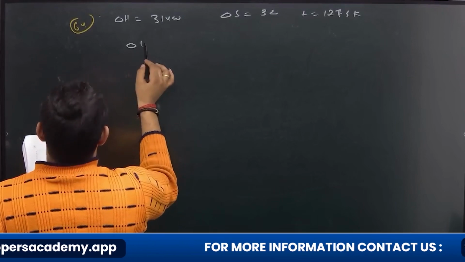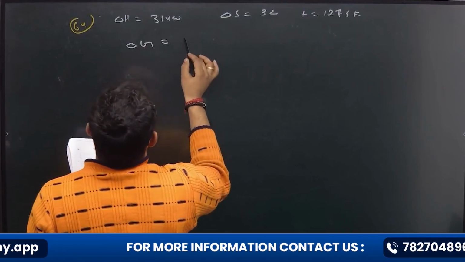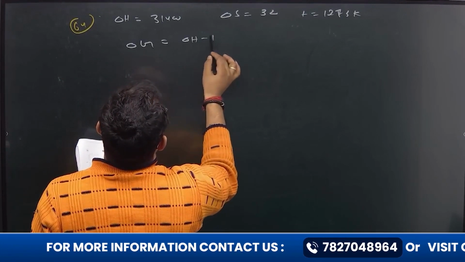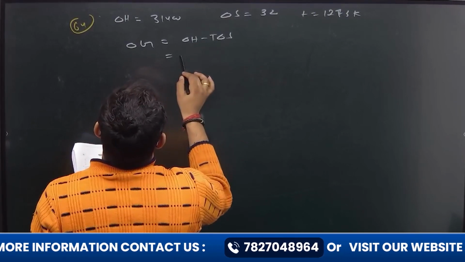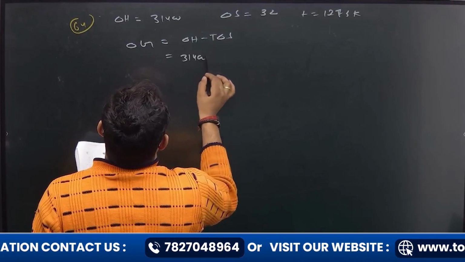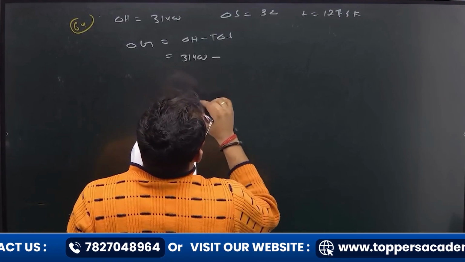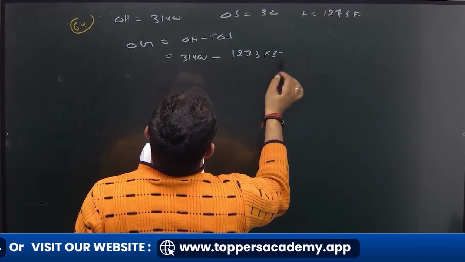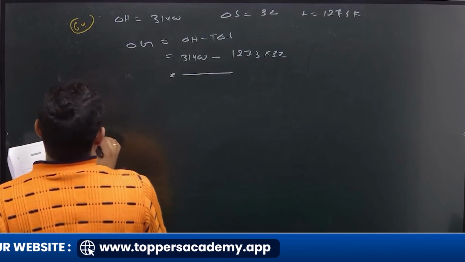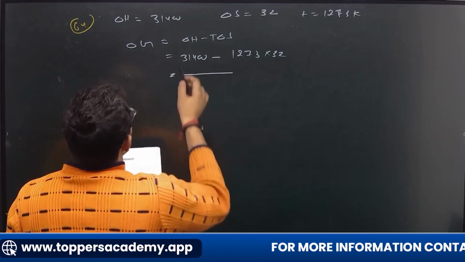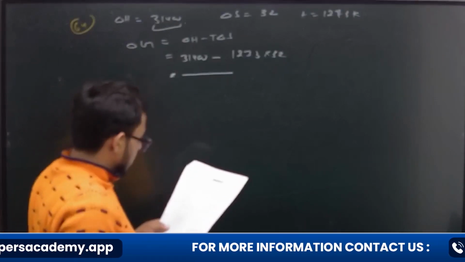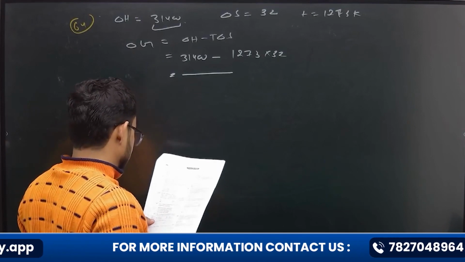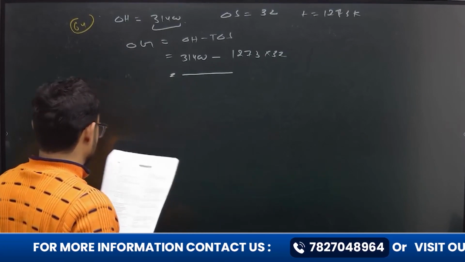And we know that delta G is being asked. Delta G is equal to delta H minus T delta S. You will get the value simply. The answer will be in calories, because delta H is given in calories, and delta S is also given in calories per Kelvin. That was 64.